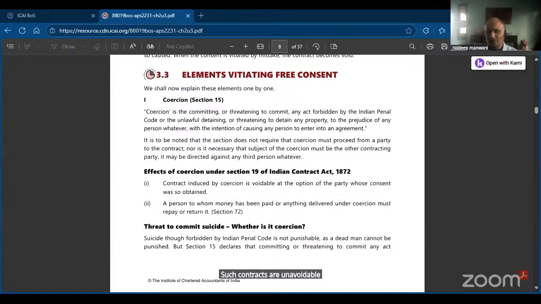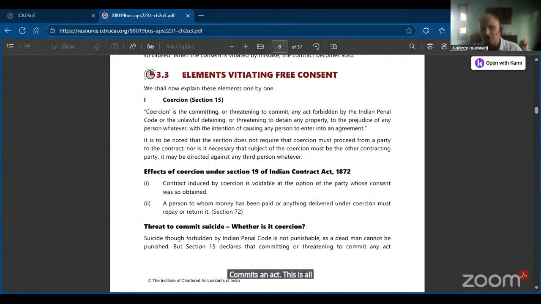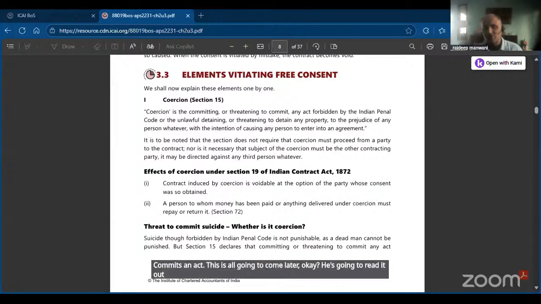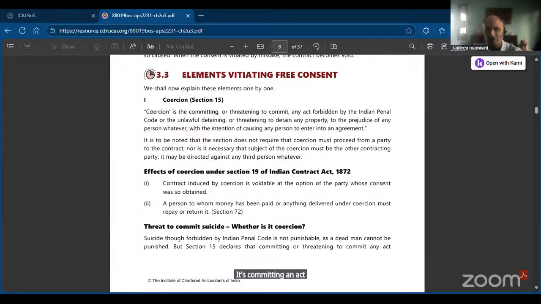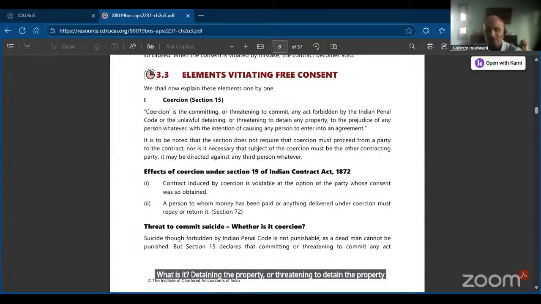Now, the second part of the definition: committing an act or threatening to commit an act prohibited by the Indian Penal Code, or detaining the property or threatening to detain the property of another person. This is all going to come later. He's going to read it out, but I am finishing it off so that he doesn't have to read all this again.